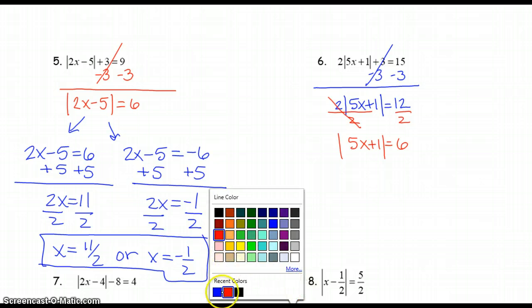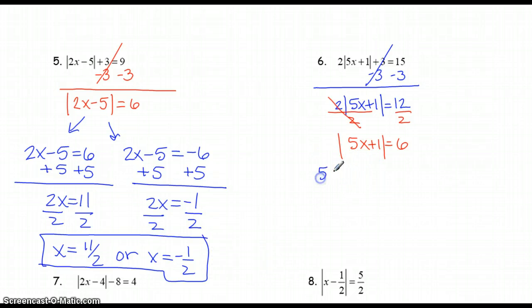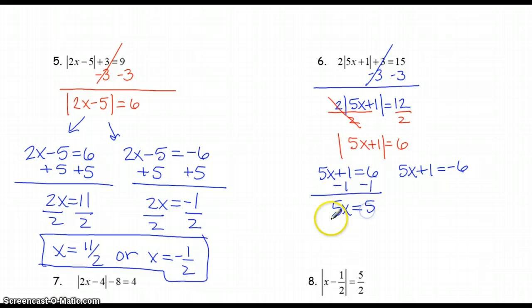Now that our absolute value is by itself, we can break it into 2 problems. So we have 5x plus 1 equals 6, and 5x plus 1 equals negative 6. We're going to subtract 1 from both sides. 5x equals 5. Divide both sides by 5.